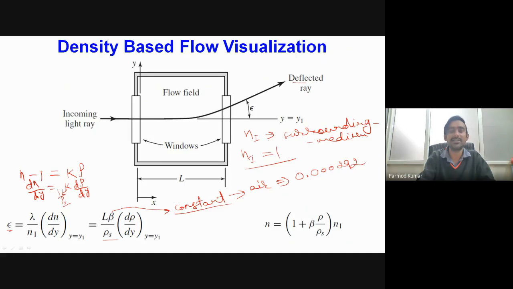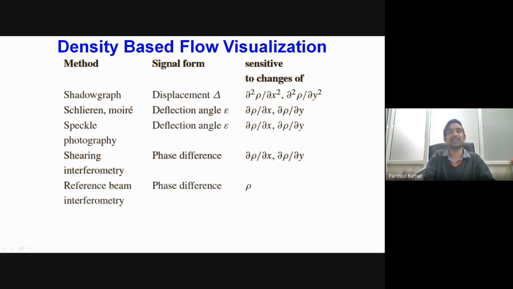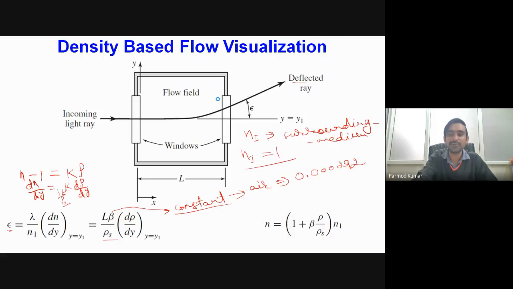Okay, now let us see what the different methods available are. We have shadowgraph, where we directly take the photograph or image on a screen. In this particular shadowgraph, we measure the value of displacement delta. Now, from the previous diagram, you can see that this angle of deflection is epsilon, and the corresponding displacement on the screen is delta.